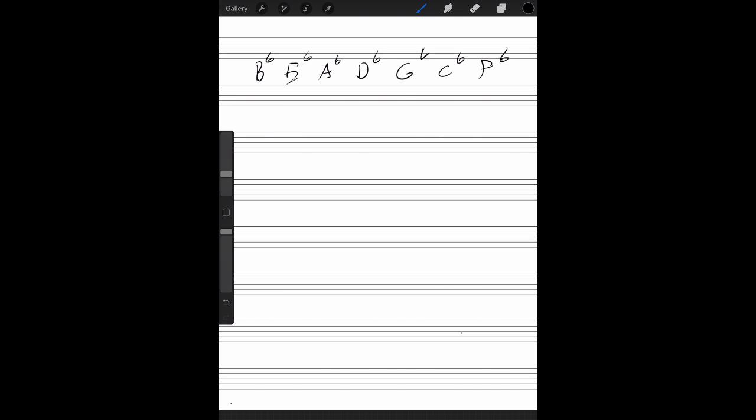And what do we notice about this? B, E, A, D, G, C, F. But if we look at it in reverse order, fat cats get down and eat burritos.